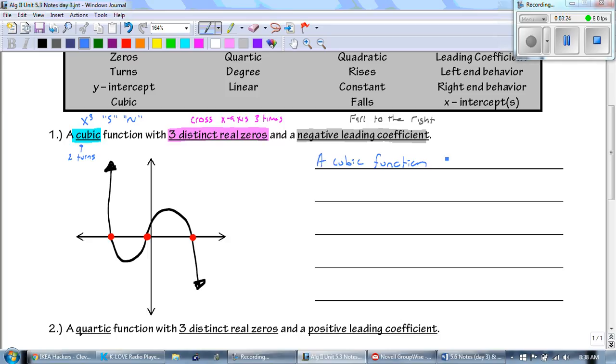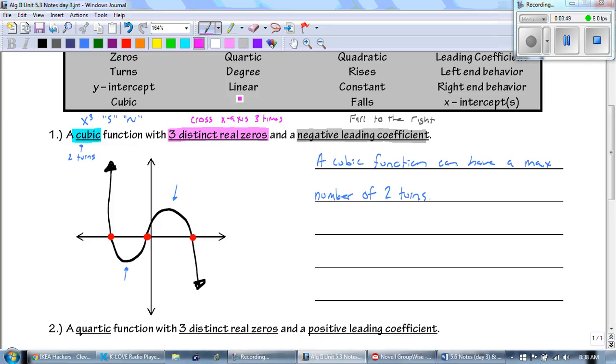So a cubic function can have a max number of 2 turns. 1, 2, 2 turns.